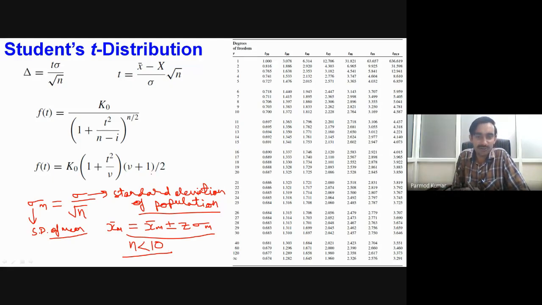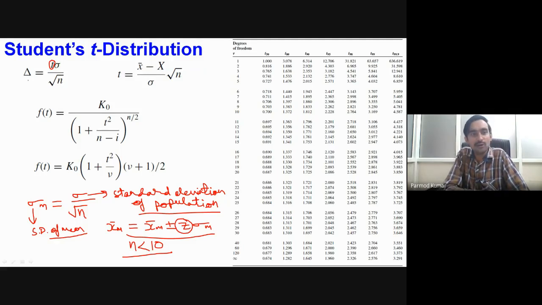So, when our sample size is small, one correction has been given. Instead of using the value of z, we use some value t. The distribution from which this value of t is obtained is known as student's t distribution. Student is the pen name of an Irish chemist, William S. Gossett, who developed this t distribution.